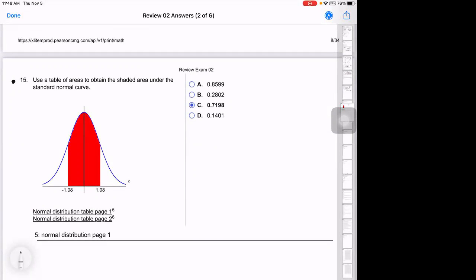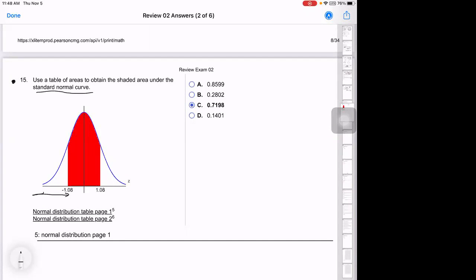See, they have mentioned you need to find the shaded area under the standard normal curve. So it is a standard normal curve, don't worry. First find the area which belongs to this piece, which means the area up to z value negative 1.08.